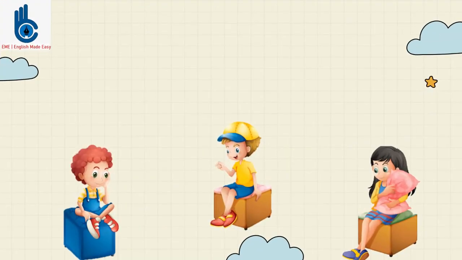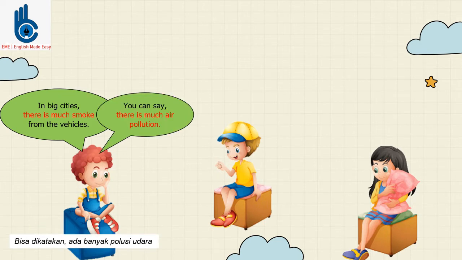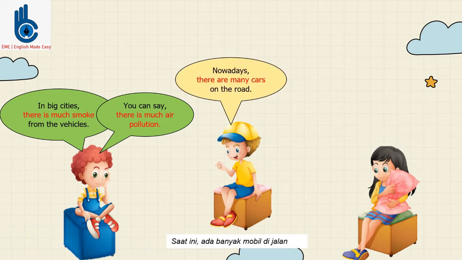In the previous dialogue, we can see there are three children talking to each other. They are talking about air pollution and the trees. The first boy said, "In big cities, there is much smoke from the vehicles. You can say, there is much air pollution." And his friend said, "Nowadays, there are many cars on the road."